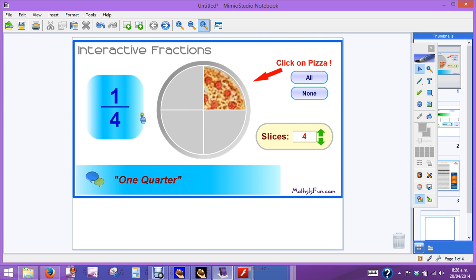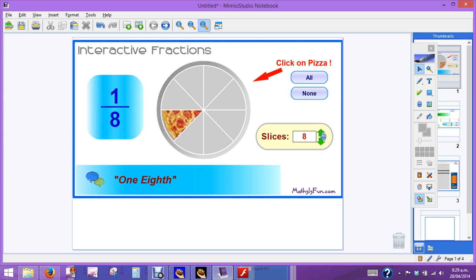So quarters is the same as fourths, 1/4. 1/5 there is smaller, and if we make 6 equal slices in our pizza, then this size here that we've highlighted is a 1/6. So as the numbers on the bottom get bigger, the size of the piece gets smaller.